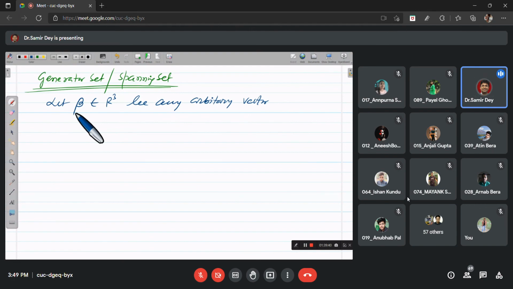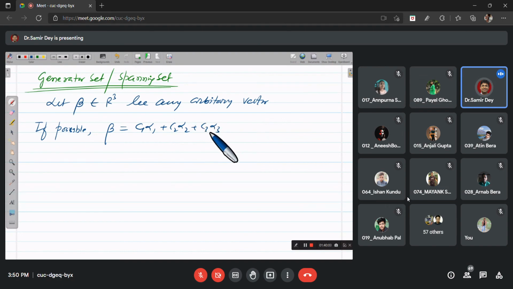Now let's see, is it possible to express beta with the help of alpha 1, alpha 2, alpha 3? So you write down, if possible. Right now we don't know. If possible, beta is equal to C1 alpha 1 plus C2 alpha 2 plus C3 alpha 3.